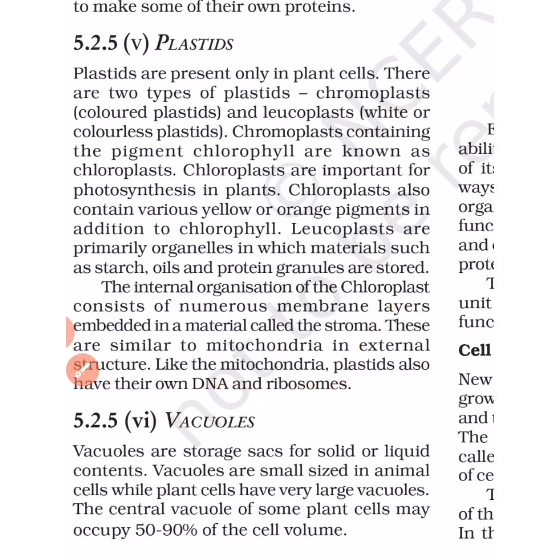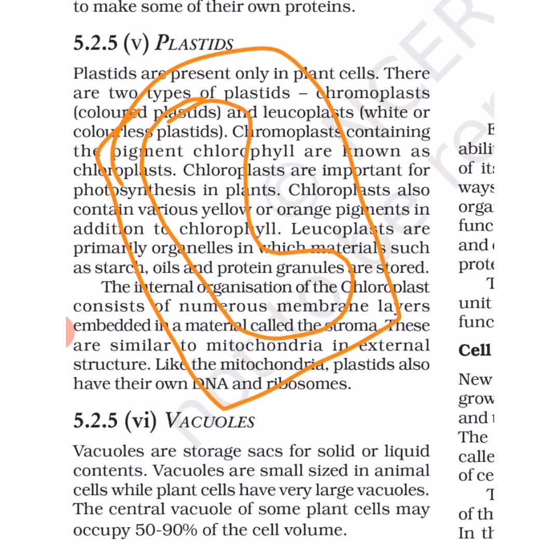Next is the vacuoles. Vacuoles are storage sacs for solid or liquid contents. They help in the osmoregulation of the cells, and in plant cells their size is very large. For example, if we draw a plant cell, there is only one single vacuole, and that too very large, and it pushes the nucleus to a side.